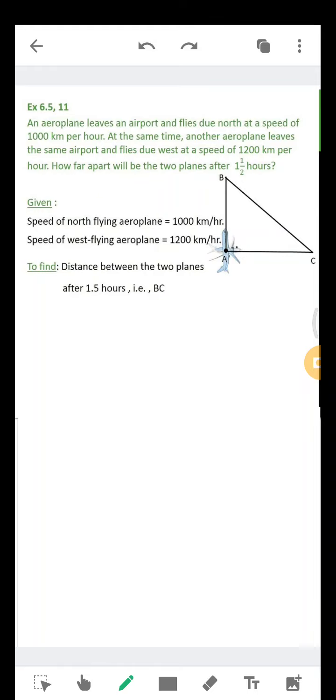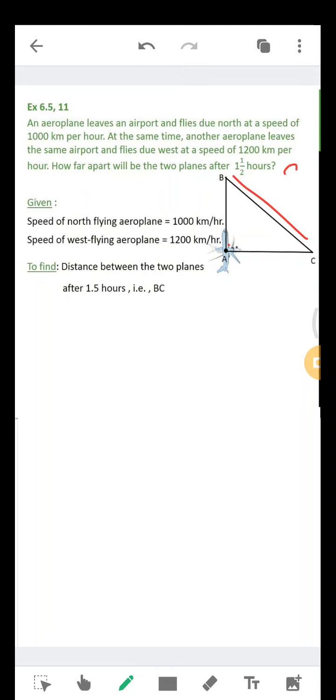A is the airport. They are taking off from A, and this aeroplane is going towards B and this aeroplane is going towards C. So we need to find the distance between the aeroplanes after 1.5 hours, that is BC.